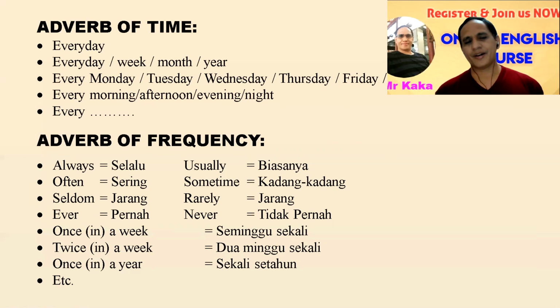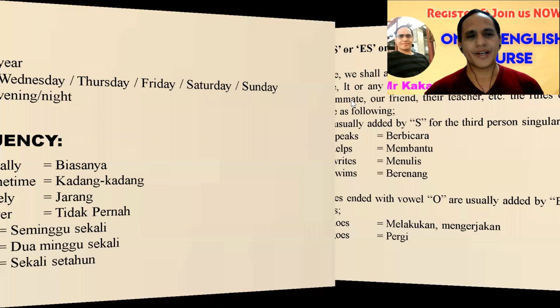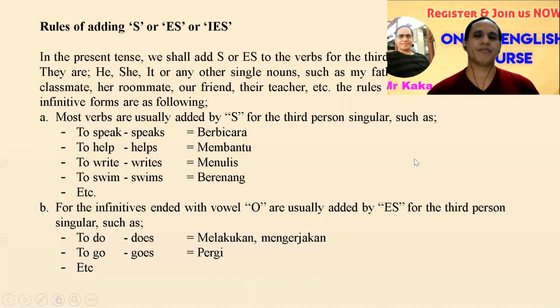We can also use once a week, twice a week, once a year, twice a year, and so on. Those are the adverbs of frequency that we use in simple present tense.